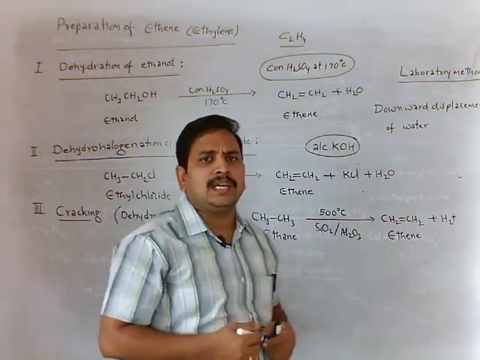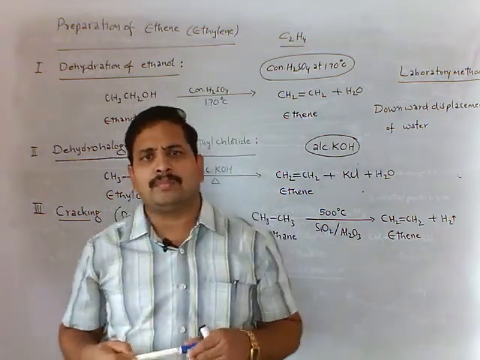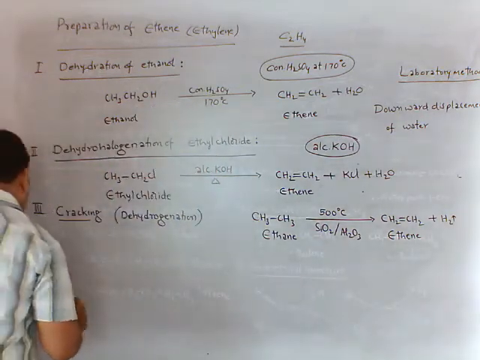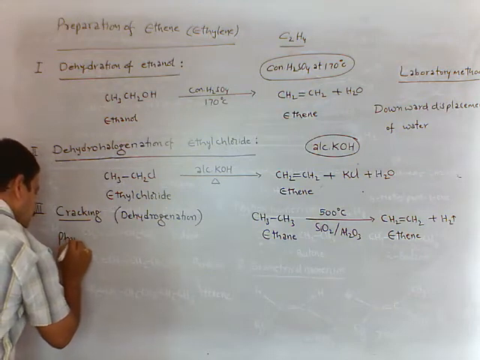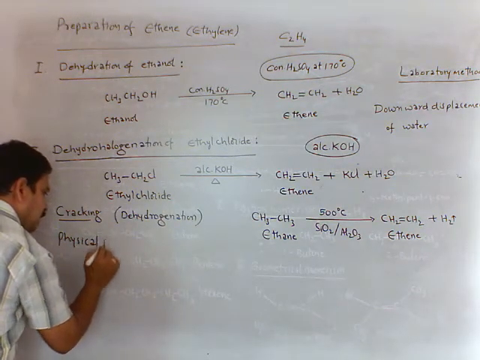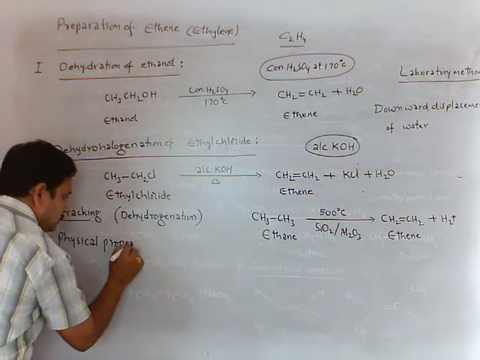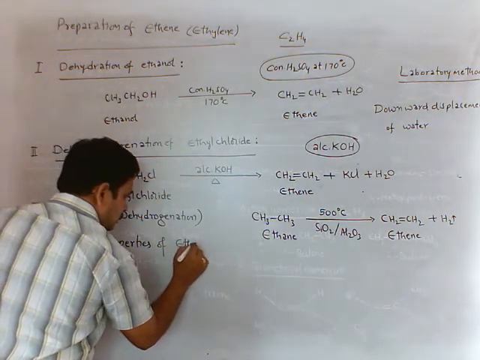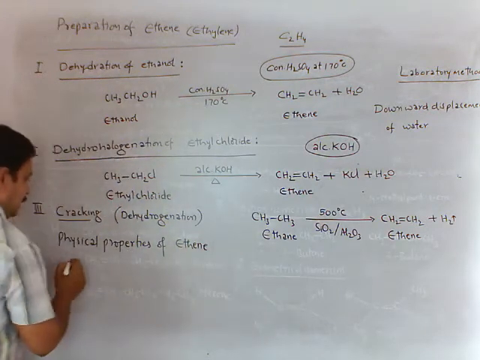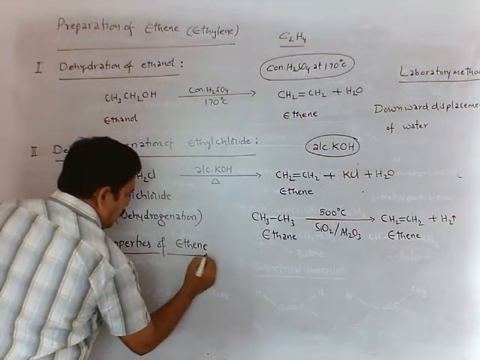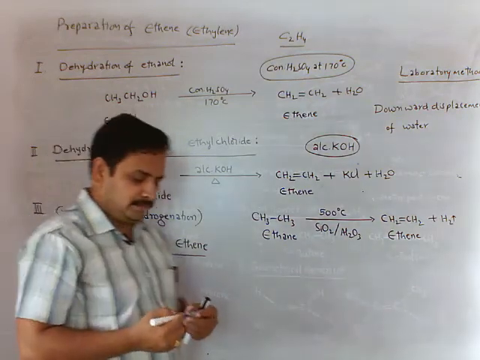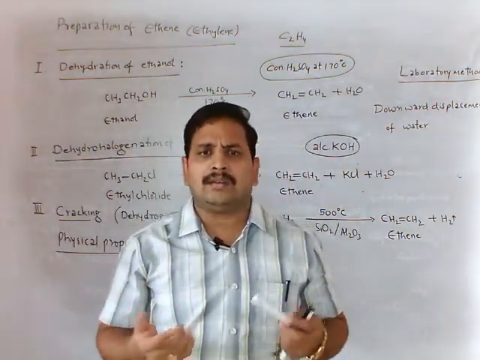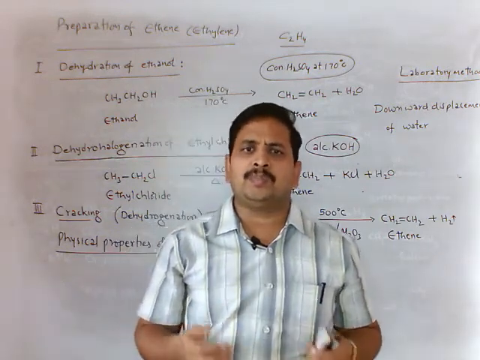Now, physical properties of ethene or ethylene. It is a colorless gas. It has a pleasant odor.